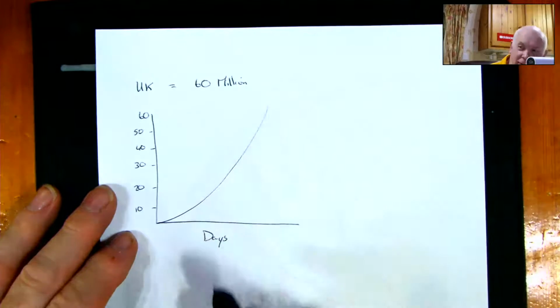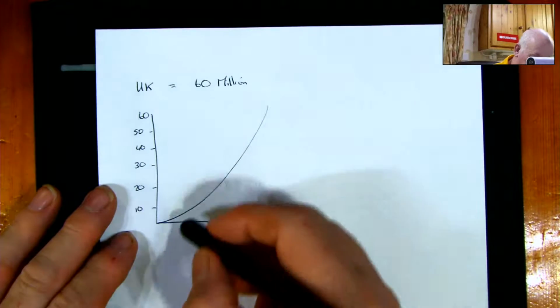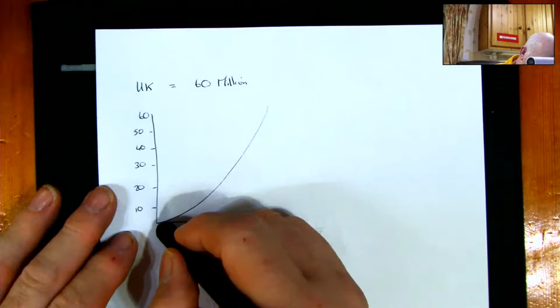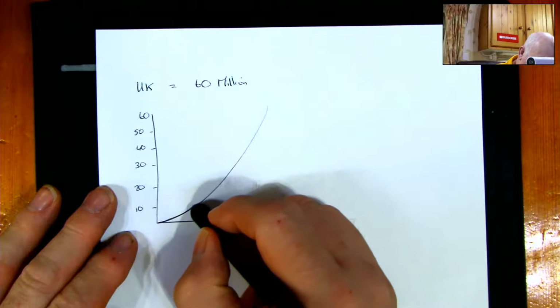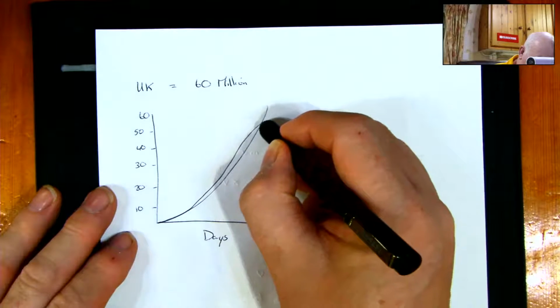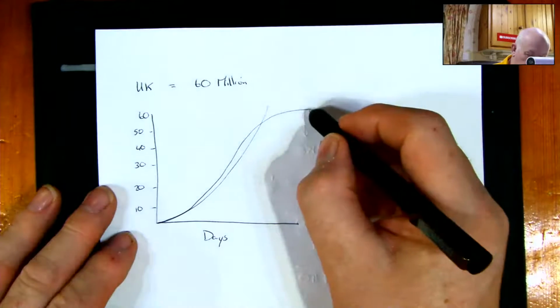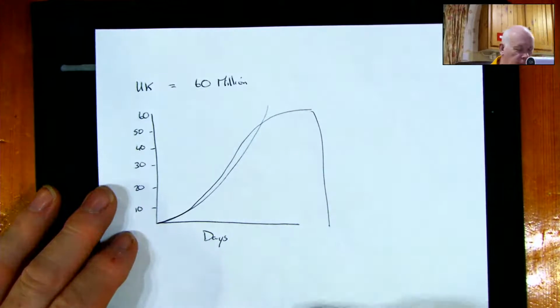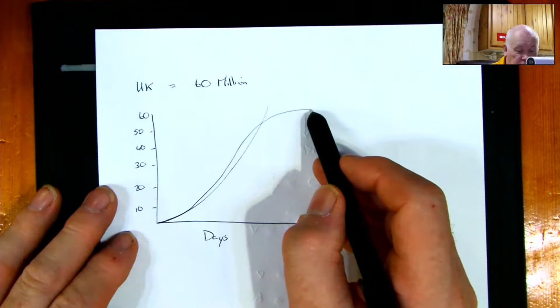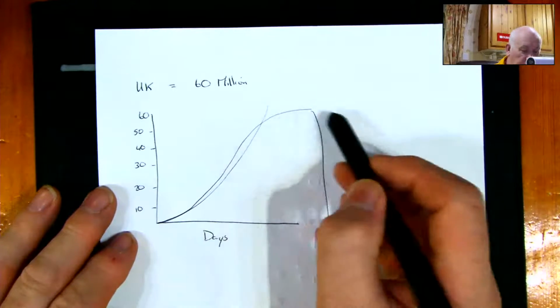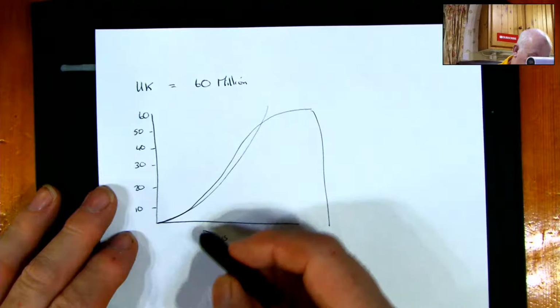We can't infect anymore because they've already been infected. So our exponential graph might start off exponential, but then it's going to sort of run out and then die out. Because once that happened, all the people have been infected.